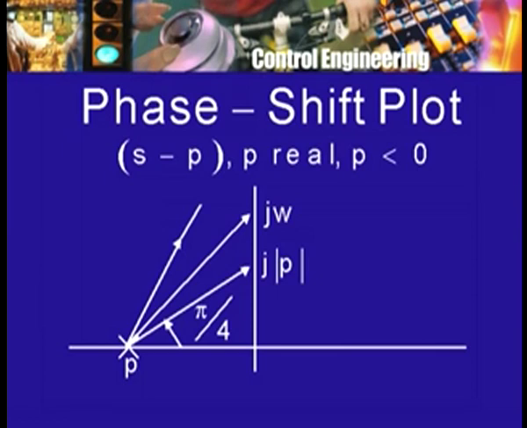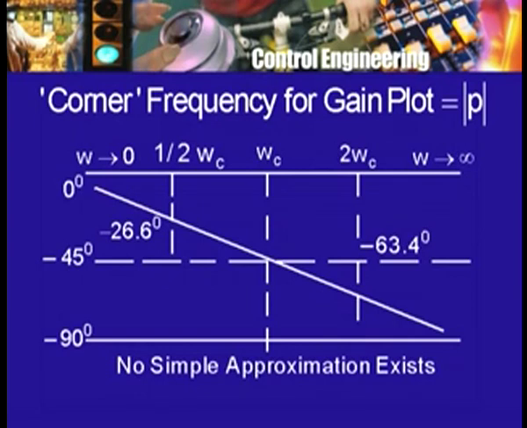So, we get an angle which is tan inverse of 1/2, and you can look it up on your calculator or from the trigonometric table, and you will find that the angle is about minus 26.6 degrees. So, that is going to be the phase shift at half omega c. The phase shift at a frequency which is half the corner frequency is minus 26.6 degrees.